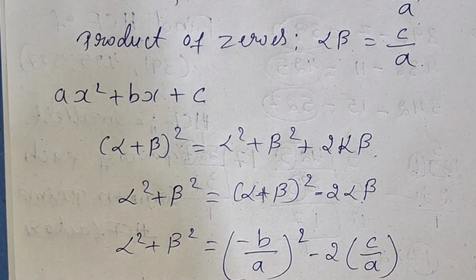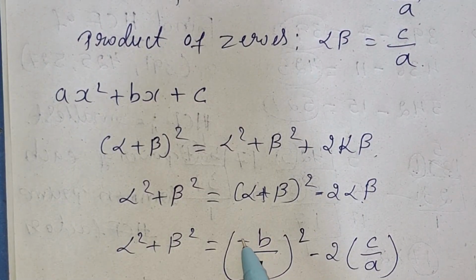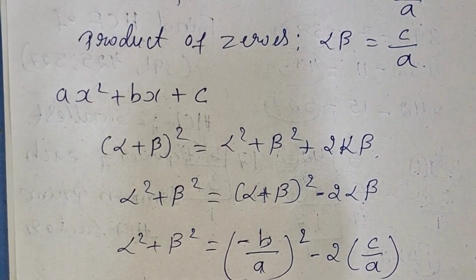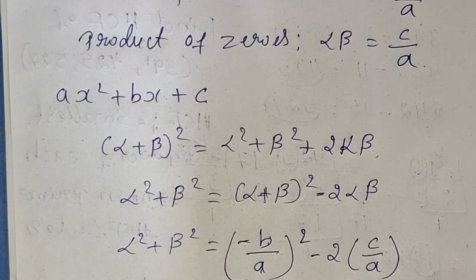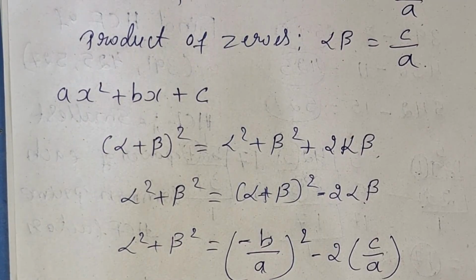Then alpha square plus beta square equal to, squaring on both sides, b square by a square minus 2c by a. Then we take the LCM for both, a square.